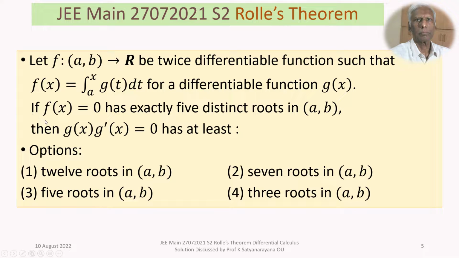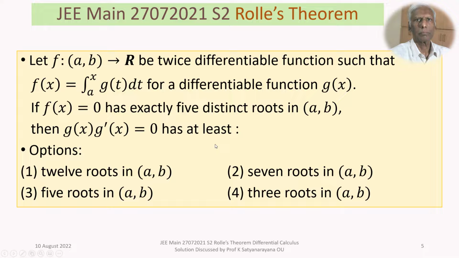If f(x) = 0 has exactly 5 distinct roots in the open interval (a, b), then we have to find how many roots are there for this equation g(x) multiplied by g'(x) = 0.